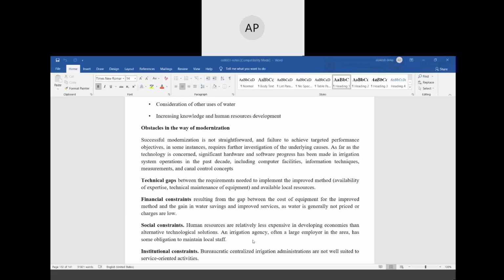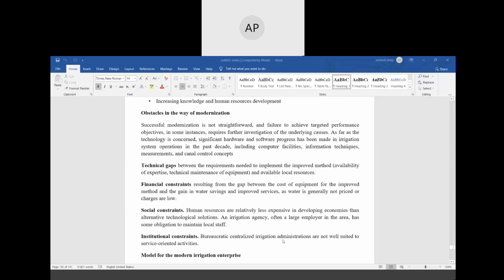Institutional constraint. Bureaucratic centralized irrigation administrations are not well suited to service oriented activities.